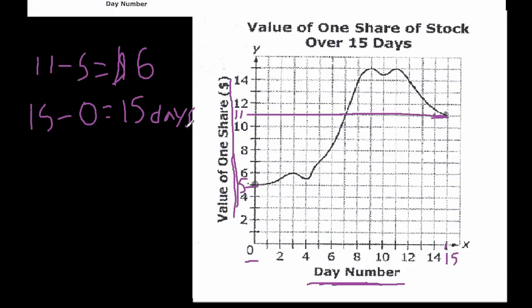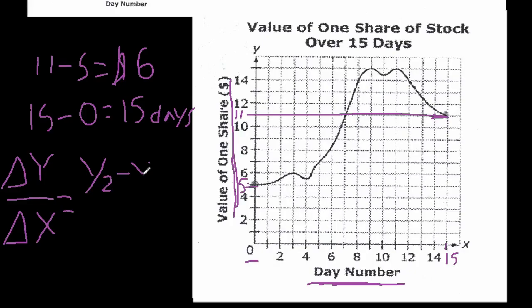That is the change in y over the change in x, which the formula for it is delta y over delta x is equal to y2 minus y1 over x2 minus x1.